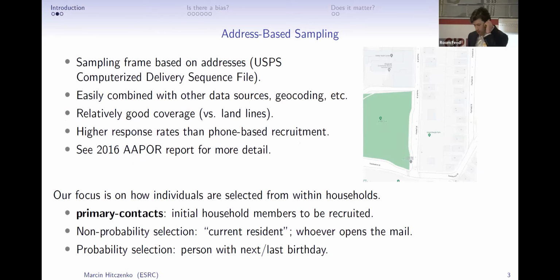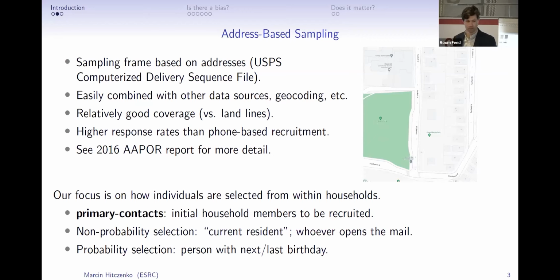I don't think I need to say too much about address-based sampling, except that in the context of the general population, it effectively reduces to sampling of households. And a key focus here is on how that occurs. Generally speaking, one member of the household, one individual, which I'll refer to as the primary contact, is selected to either join the panel or take the survey.